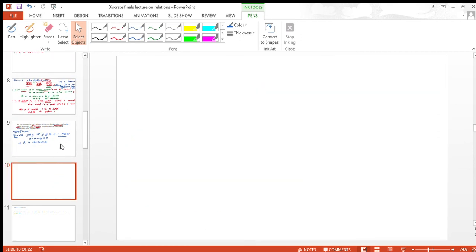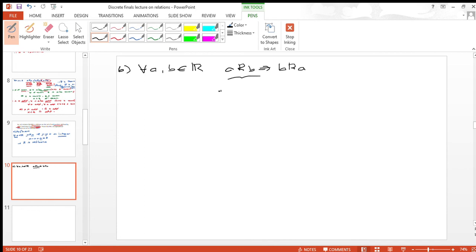So for the symmetric property, letter B, for all A, B as an element of the set of real numbers, we have to show that A R B implies B R A. So this is assumed to be true.